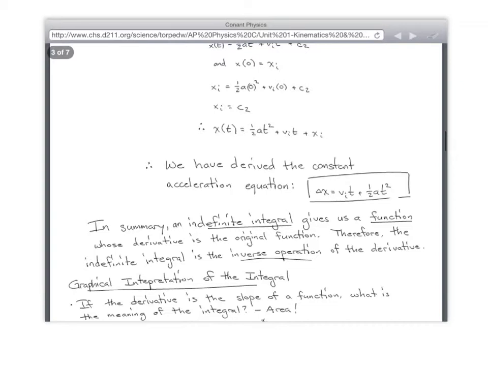If you're multiplying rise times run, what are you fundamentally doing? The area of a rectangle, right? Integrals are all about area, and that's why. Make sense? All right, so multiplying is the inverse of dividing. Area is the inverse of the slope. Integrals are the inverse of derivatives.